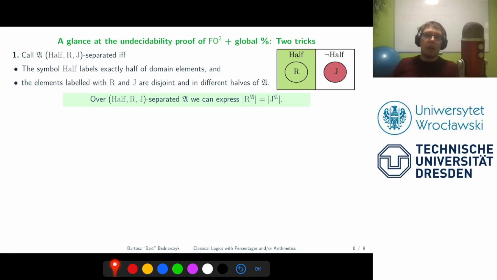Over such structures, I would be able to express an equicardinality statement. I would be able to express that the number of elements satisfying R is exactly the number of elements satisfying J, under the assumption that half labels exactly half the elements, and that R and J are disjoint and in different halves. How can we do that?